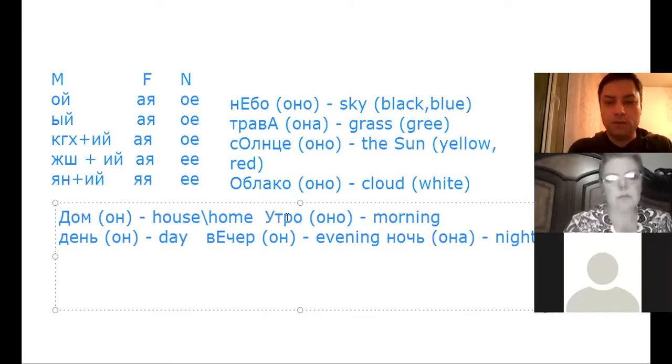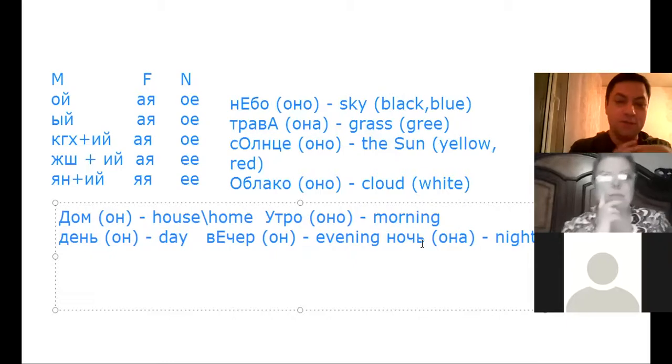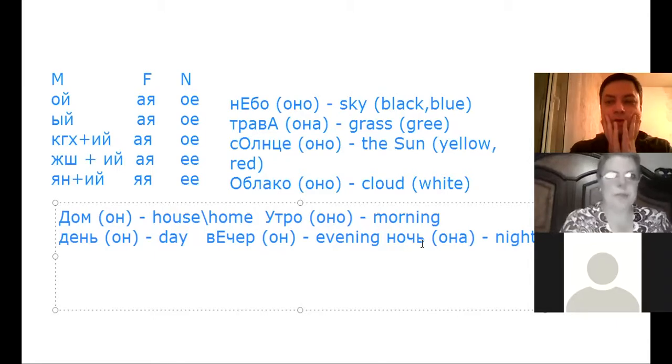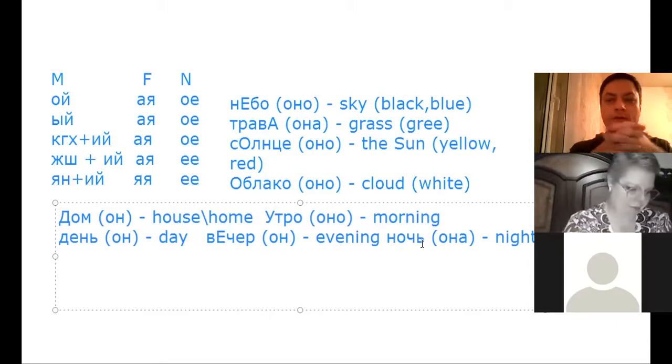Утро is also easy to guess because the last letter is O, and in most cases it is neuter gender. However, день and ночь both have a soft sign at the end, and there is no rule how to distinguish them. So for maybe 80% of words you can get the gender by looking at the word, but for 20% of words you must memorize it. Unfortunately, you must remember день is male and ночь is female.